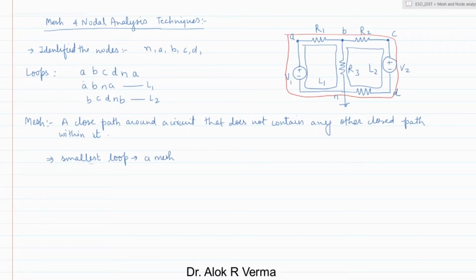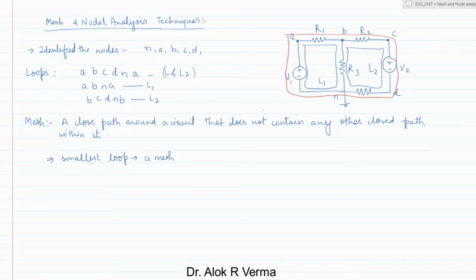So if we consider A, B, C, D and A, the outer loop, it does not form a mesh because it contains L1 and L2 inside. Whereas the loop L1, A, B and A, does not contain any closed path within itself.